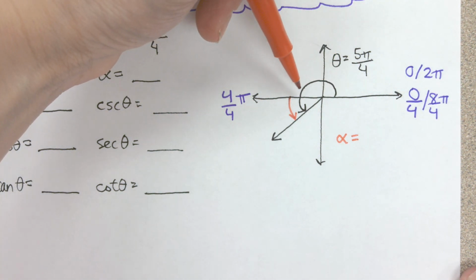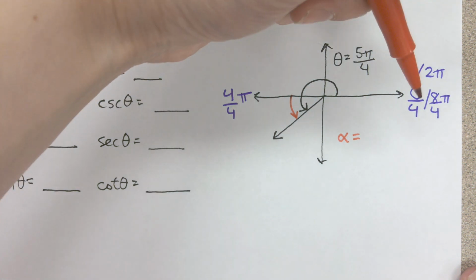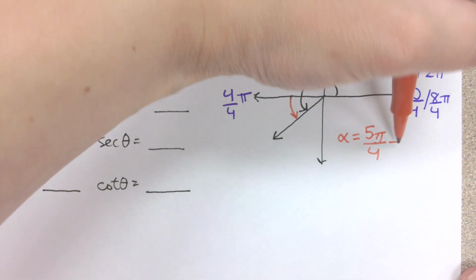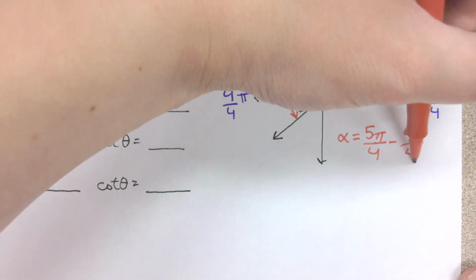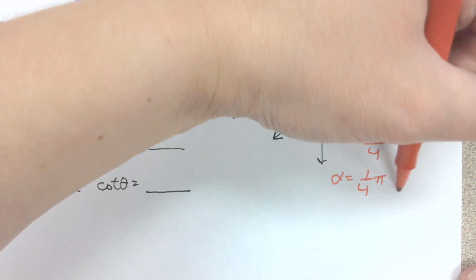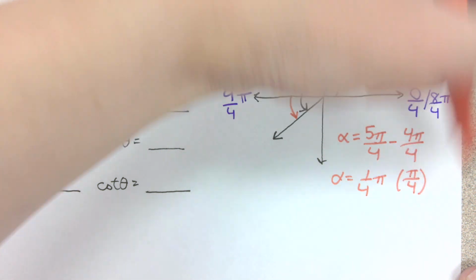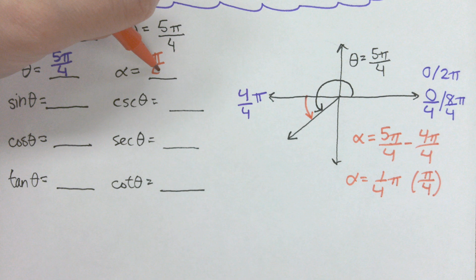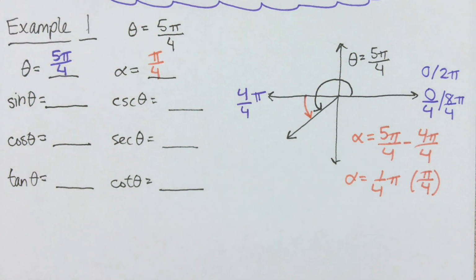If we subtract 4/4, we have 1/4 left. So 5 pi over 4 minus 4 pi over 4. Alpha, you can write 1/4 pi or just pi over 4. Reminder, the alpha must also be in radians.